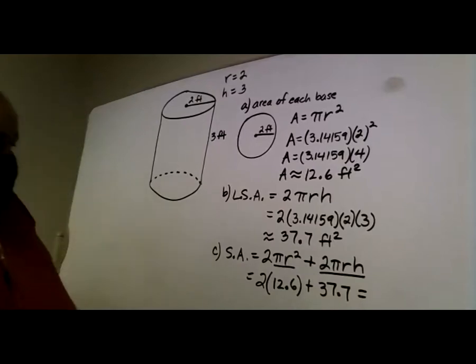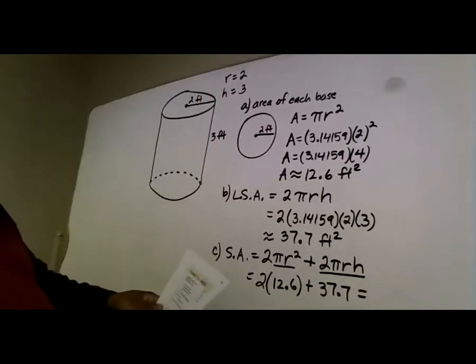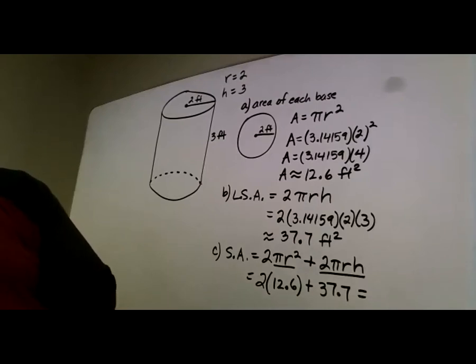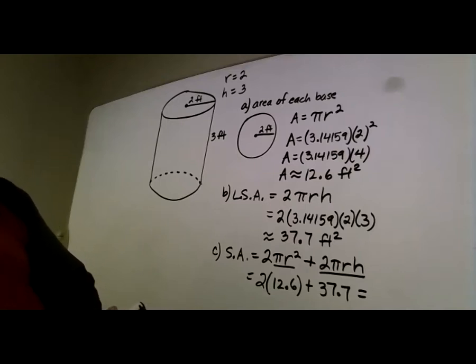So if I do 2 times 12.6 plus 37.7, you'll get, I hope I'm right on this one. I'm going to do this on the calculator.